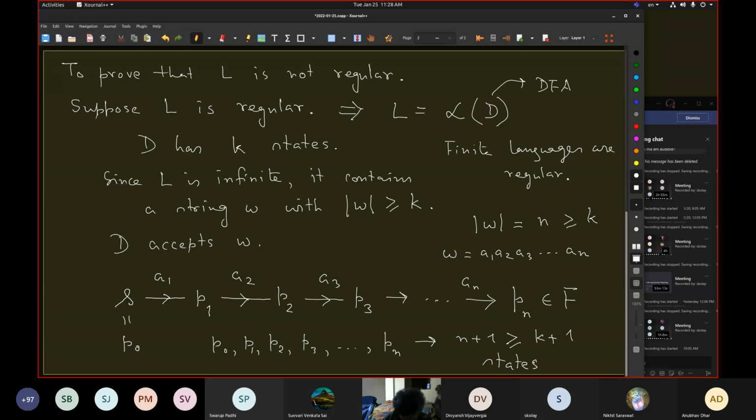It means that these N+1 states, which is at least as big as K+1, cannot all be distinct because the DFA has just K states. So there must be at least one repetition in this list. This is by the pigeonhole principle, right? Agree or not? Yes, sir.